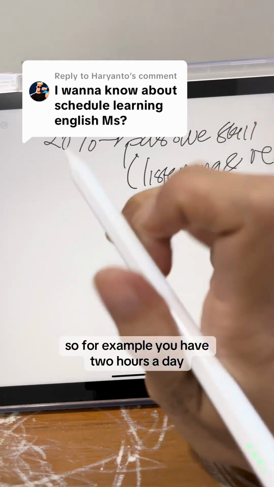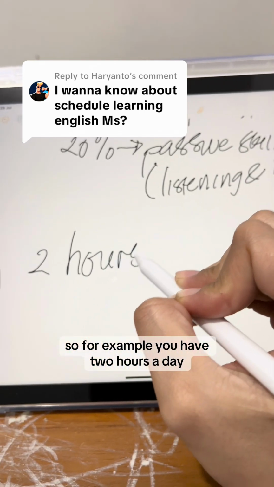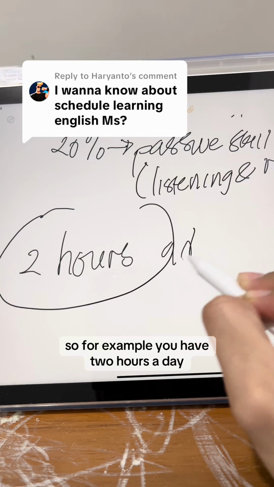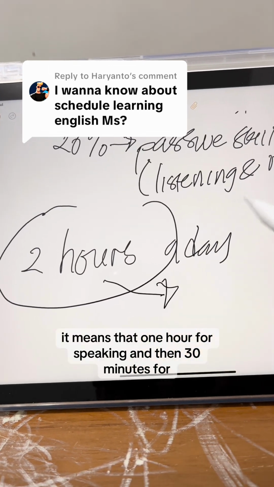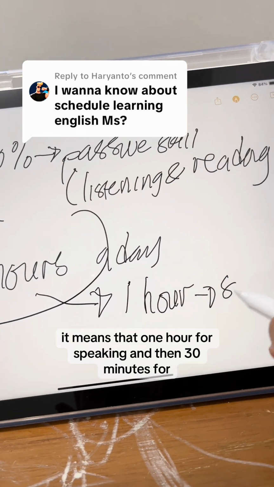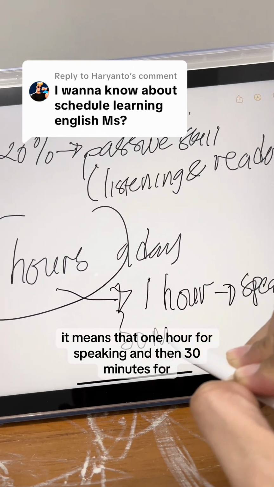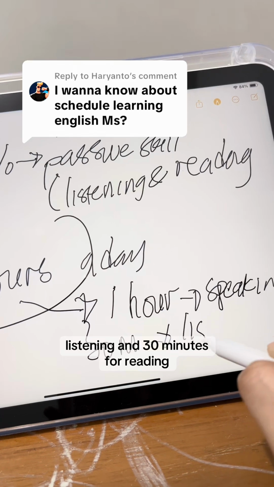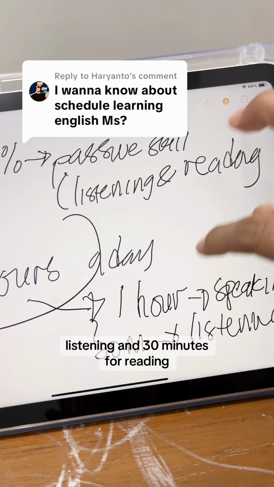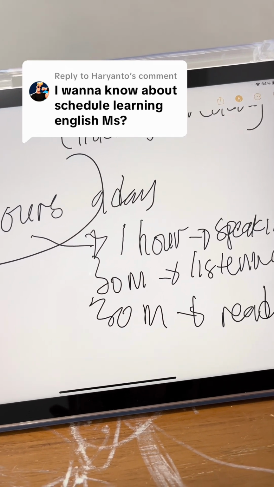So for example, you have 2 hours free time each day. So it means that 1 hour for speaking and then 30 minutes for listening and 30 minutes for reading.